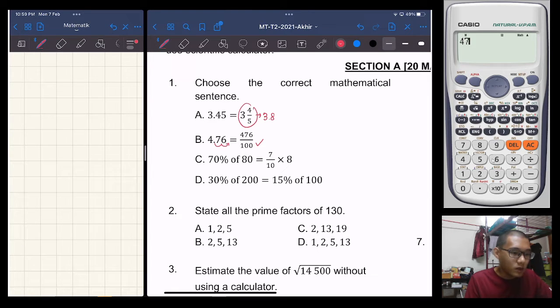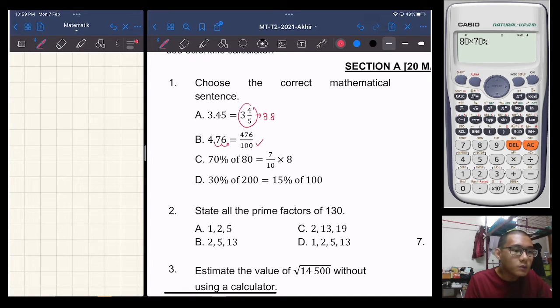So the next one is 70% of 80. 70% of 80 means that we try to find the 70% from 80, this value. So we use shift and where is the percent symbol? Can you find it?